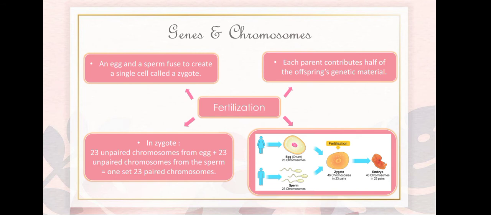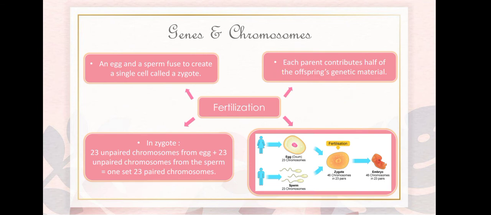Okay, genes and chromosomes. An egg and sperm fuse to create a single cell called a zygote. Whenever an egg or ovum and sperm fuse to create a single cell, it is called a zygote. When it is fertilized, the fertilization process will create a zygote. And then each parent contributes half of the offspring's genetic materials.